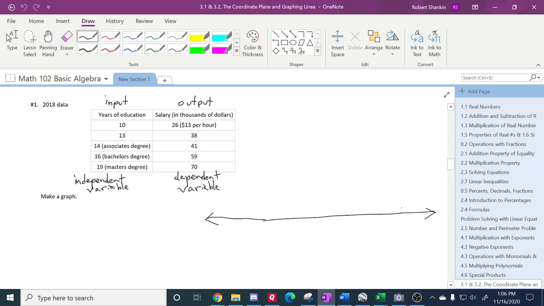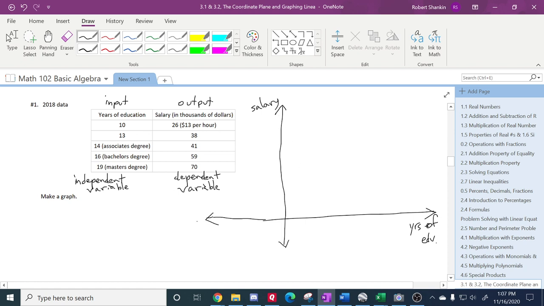All right, so we put our independent variable on the horizontal axis. So that's years of education. And then on the vertical axis, we're going to put our dependent variable, salary.